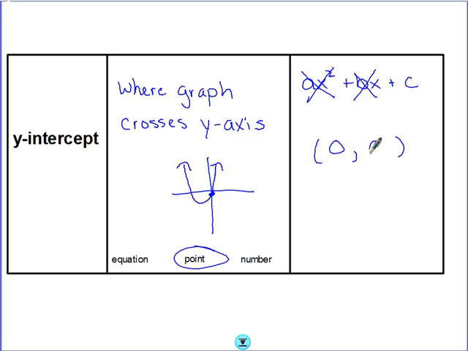So whatever c is, whatever that number at the end of your equation is, that's the y-coordinate of the y-intercept. So if I have y equals 2x squared plus 3x minus 7, to find my y-intercept, I know it's going to be 0, and then I'm just going to take this number at the end. So 0, negative 7 is the y-intercept for this equation.